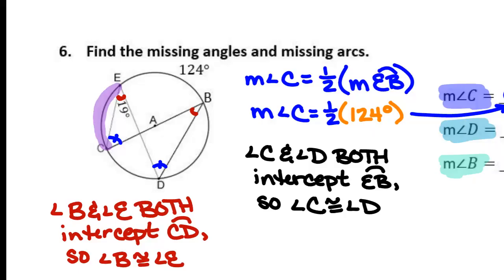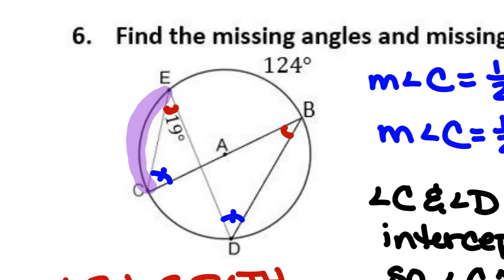Nope. When I look at the angle that is intercepting this arc, it's this angle right here. But that angle does not have its vertex on the edge of the circle. It would have to come all the way back like this to be an inscribed angle that's intercepting it. Okay, so I can't use that to find arc EC.